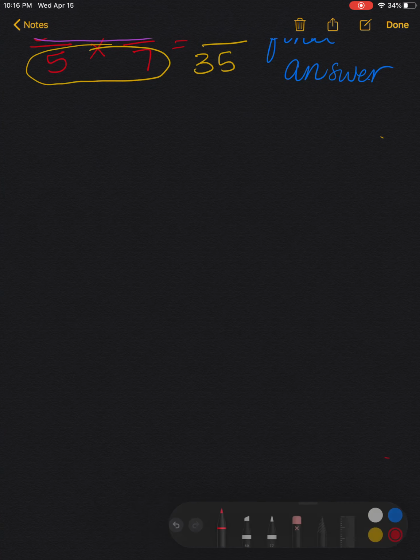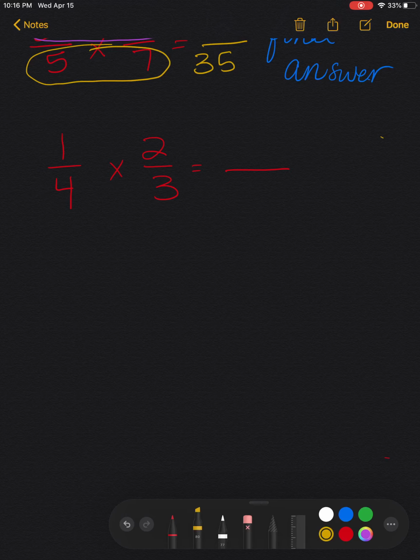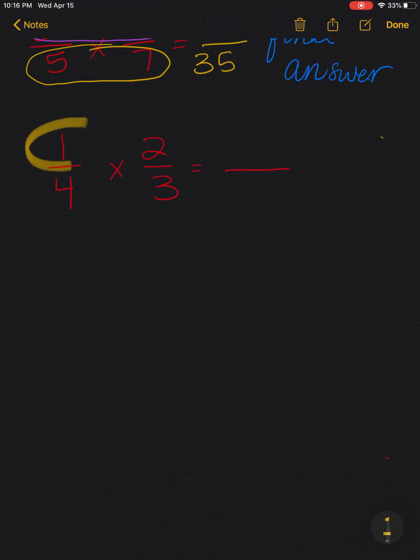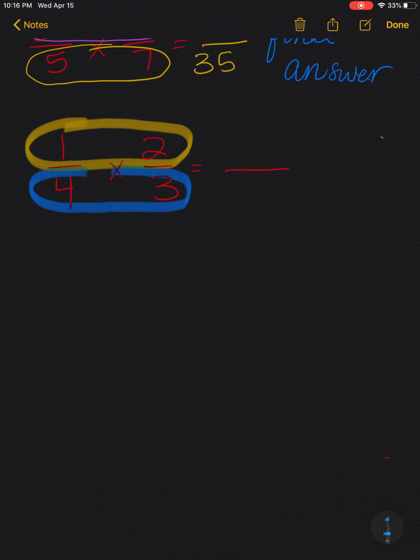Okay, let's try another one. 1/4 times 2/3. So first we multiply the numerators, and then we multiply the denominators.